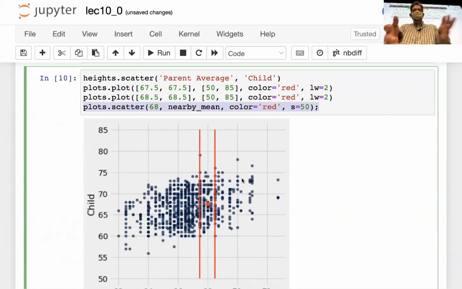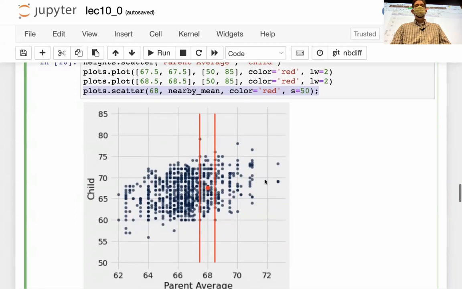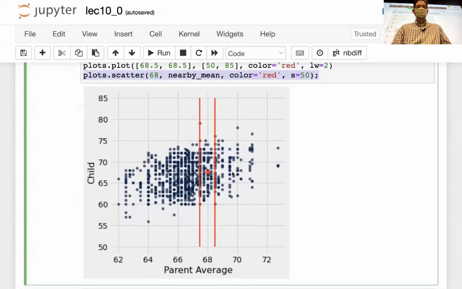I mean, it is an average height of the children of parents who were about 68 inches tall on average themselves. So if a new pair of parents came along and they were 68 inches tall on average, and they had a child and they wondered, well, how tall is my child going to be? Well, this seems like a reasonable guess.